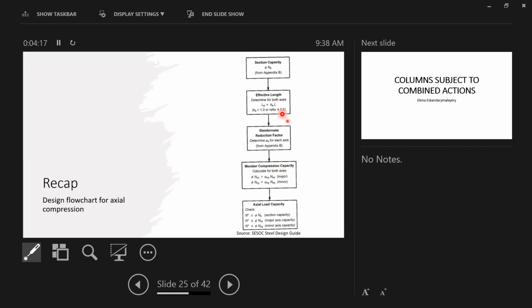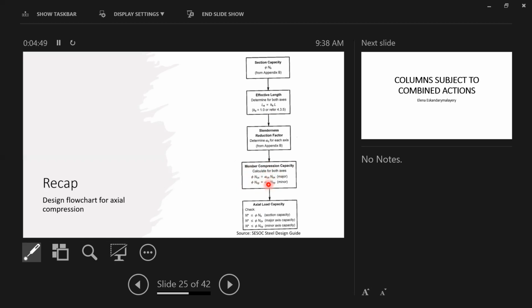So as you can see, we have section capacity and member capacity. So there are two different things, and you need to calculate both and compare it with the load that you're applying to your structure. So for the member compression capacity, as you can see, we calculate for X direction as well as Y direction because of the same reason that I said.